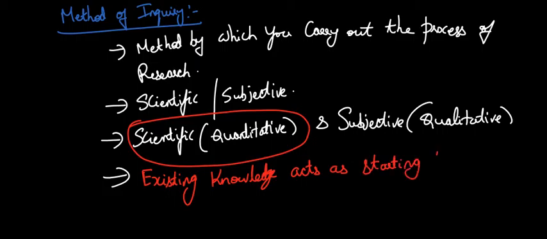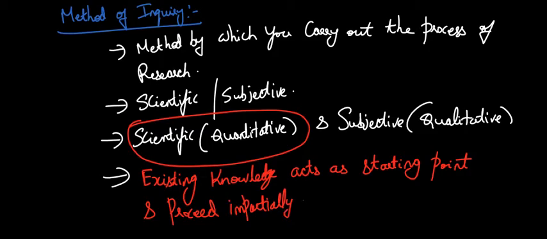You have something to back up on here. So the scientific method is the standard investigation pattern for any particular research methodology, and you proceed impartially. This is the important thing in scientific or quantitative research methodology.